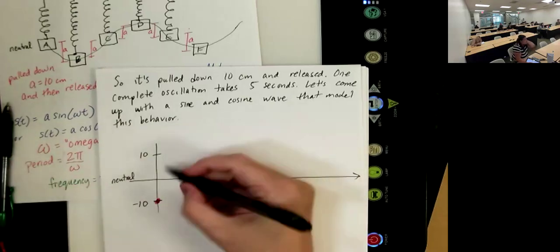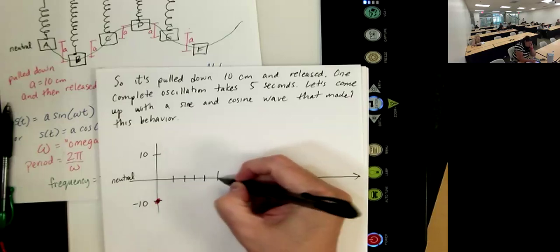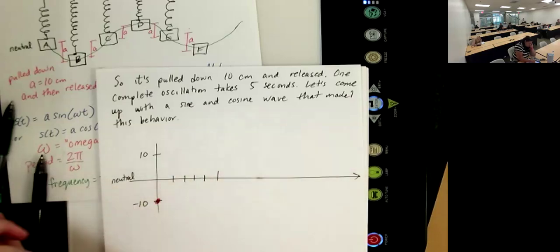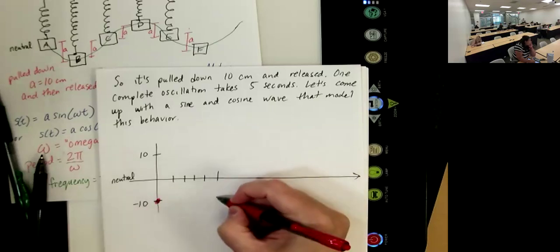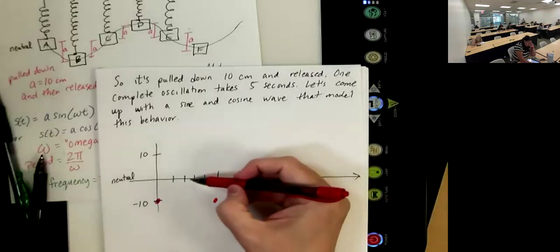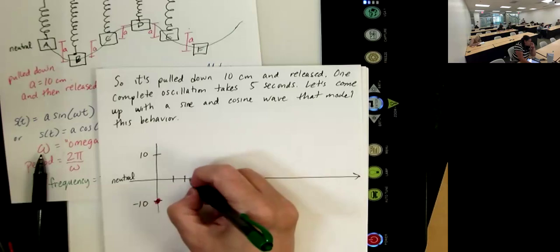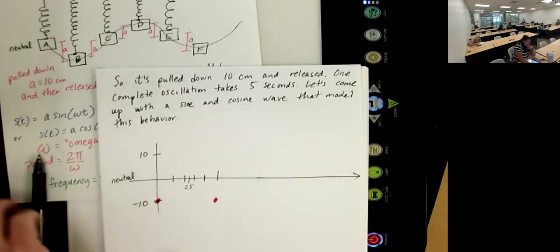And 5 seconds later, it's back here again. Which means at the halfway mark, or like 2.5 seconds, it's up at the top.